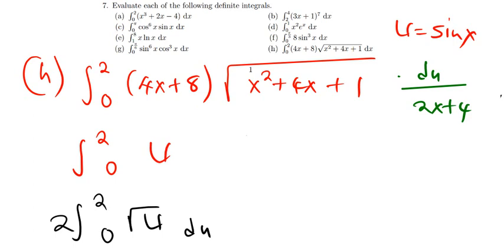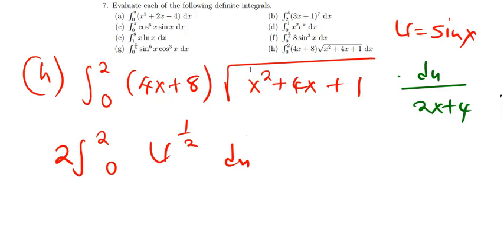This is just going to be u to the power half, and you've got a 2 there, du. So you just increase the power by 1, which will probably give us 3 over 2, right? That's what I believe. U to the power half is going to be 1 over 2 plus 1, divided by the result, which is of course just 3 over 2.